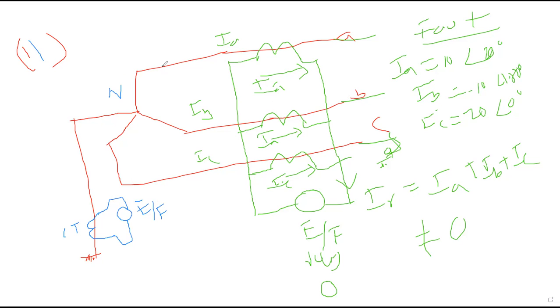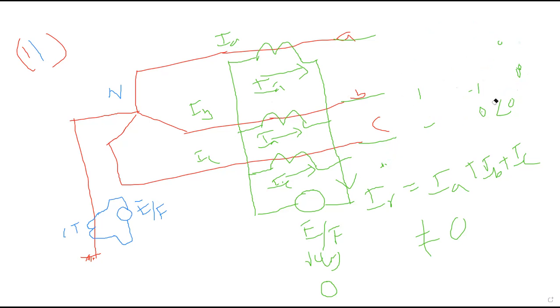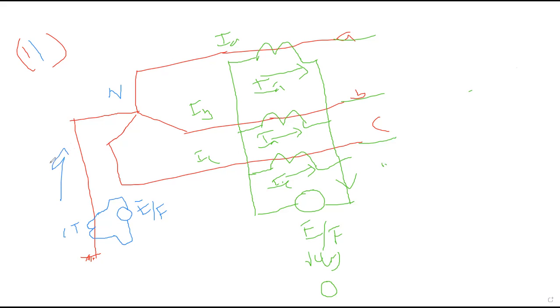Yes, sir. Now you know that if there is no fault, then there will be no current in the neutral point. Why is that, or how is that? Again, the principle is very simple. This neutral current, which is IN, can simply be written as the summation of phase currents, that means IA plus IB plus IC.